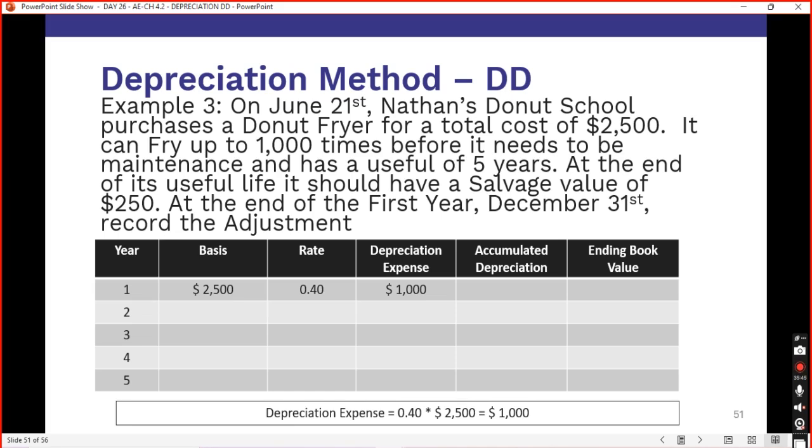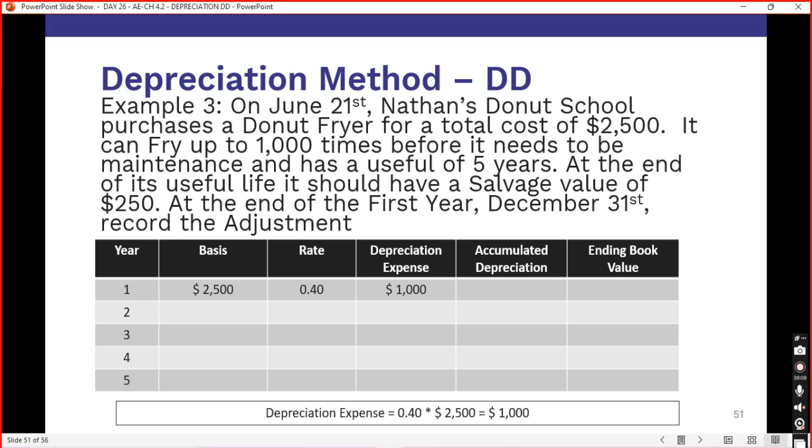Now, if I place my asset into service June 21st, have I actually used it for 1 whole year? No, not if it's December, because the key component here is I'm depreciating at the end of my fiscal year, which is December 31st.